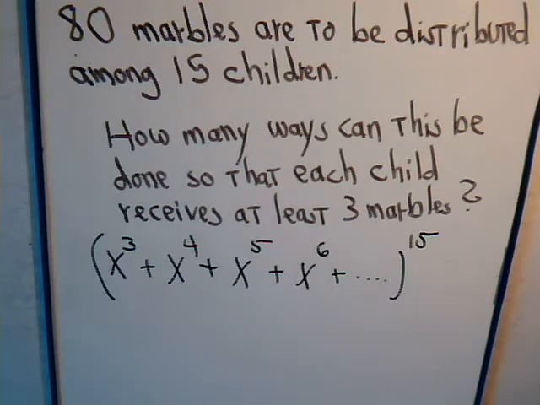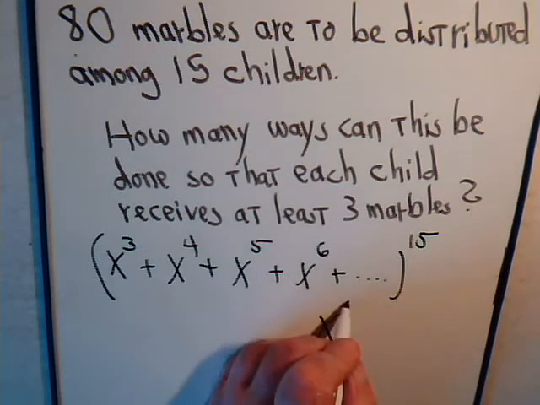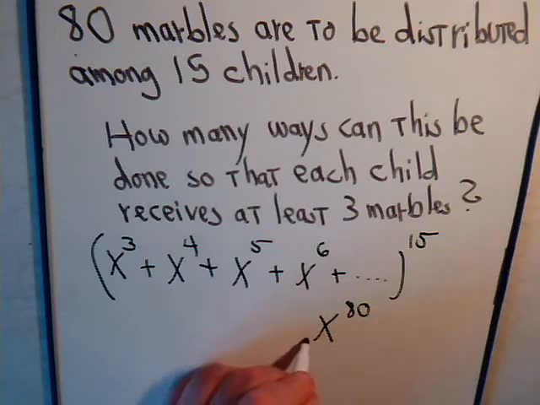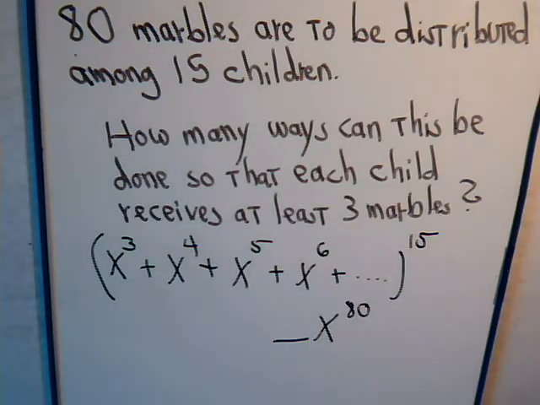Now, when we multiply this out 15 times, we're concerned with what is the coefficient of x to the 80th power? That number will tell us how many ways the 80 marbles can be distributed amongst 15 children, so that each child receives at least 3 marbles.